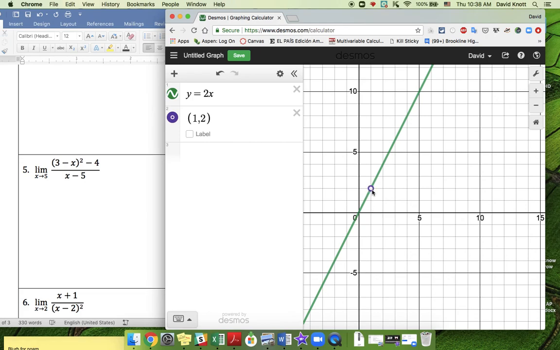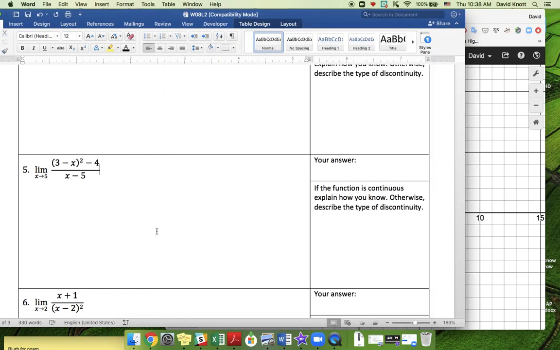There's a little gap, so the function is not defined at x = 1, and yet the limit does exist. As you approach 1, the value of the function is converging to a certain value. So holes are characterized by the function being undefined at the point, but the limit existing.